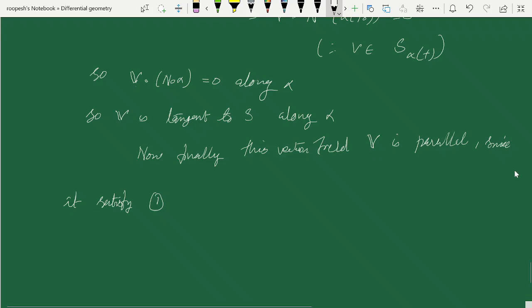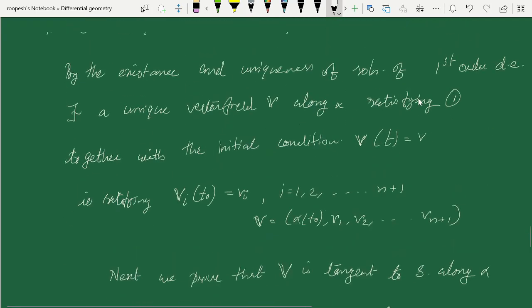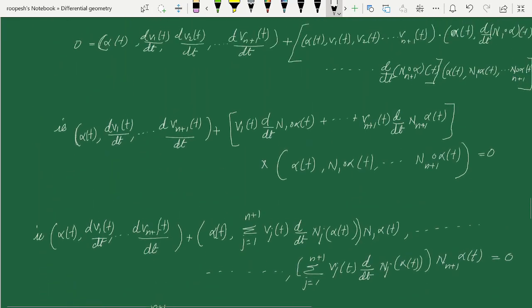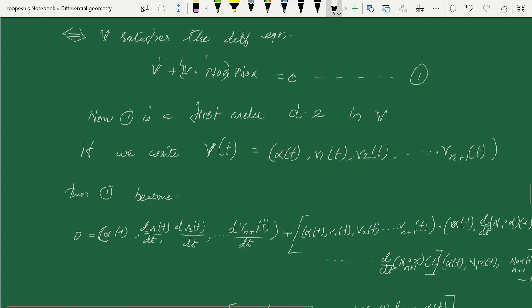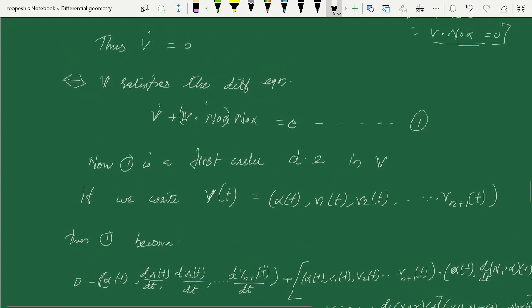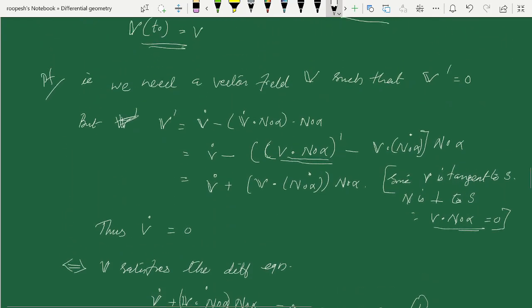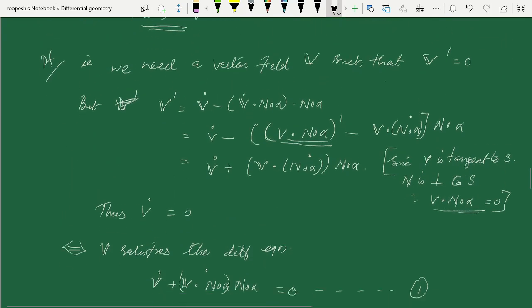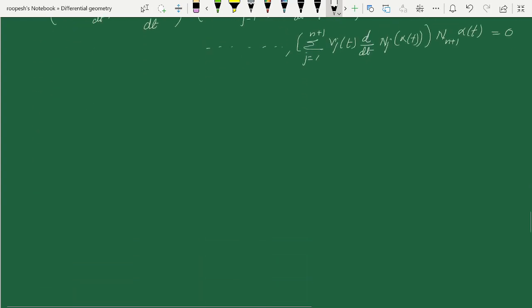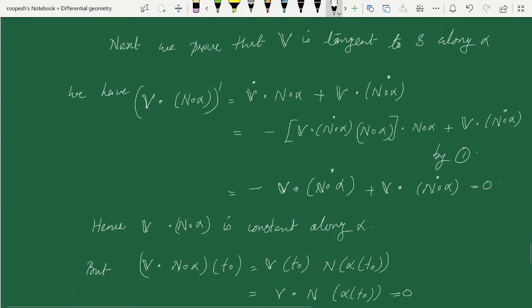What was equation 1? This was equation 1, right? That is V dot equal to 0. So V dash equal to 0 we will get. So this means that this is parallel.